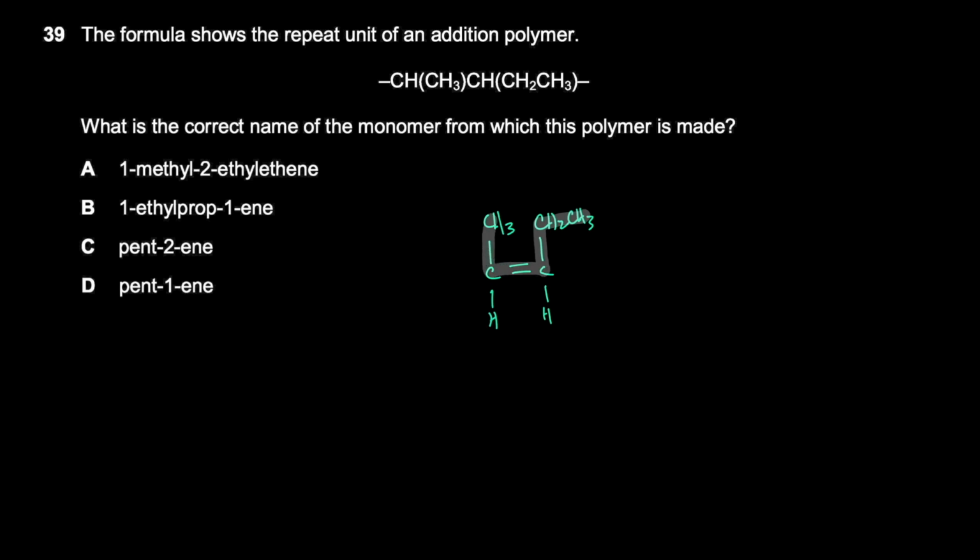So we have a 5 carbon chain, and a double bond on carbon number 2, which is pent-2-ene. So the answer is just C. Double bond between carbons 2 and 3, so that would be pent-2-ene. Again, we want to minimize the numbers of the functional groups, so we're going to number from this side.